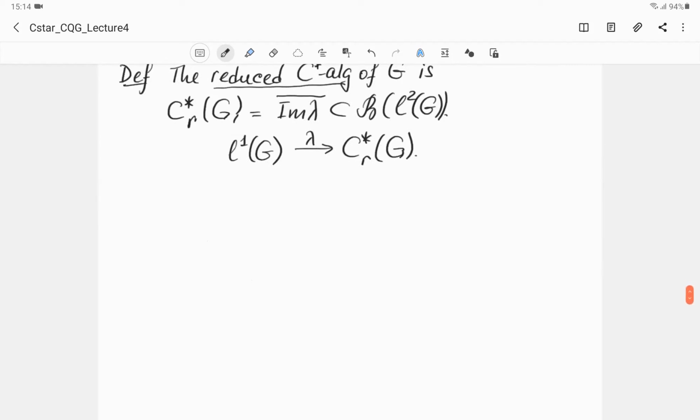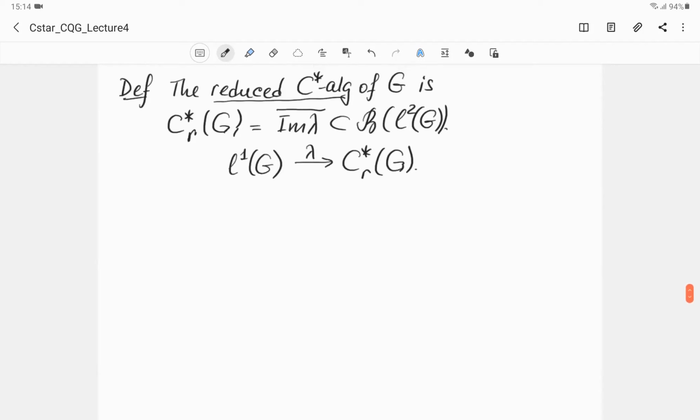Okay, now let's discuss two useful constructions of C-star algebras. Namely, let's discuss products and unitizations of C-star algebras.